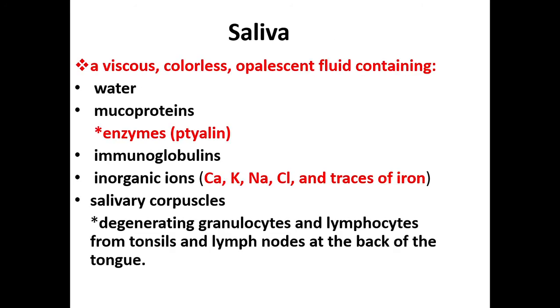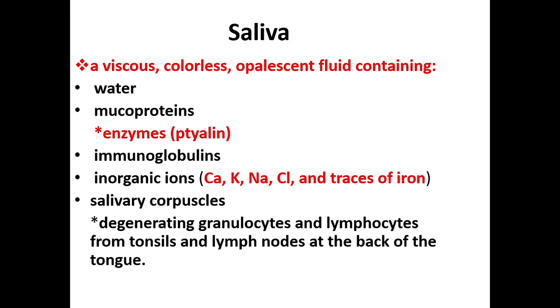The saliva is a viscous, colorless, opalescent fluid containing the following: water, mucoproteins, the enzyme ptyalin, immunoglobulins, inorganic ions such as calcium, potassium, sodium, chloride, and traces of iron, and some salivary corpuscles.